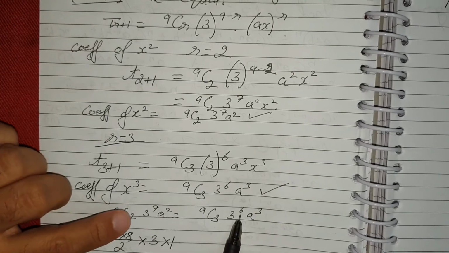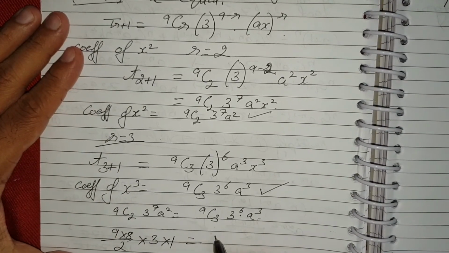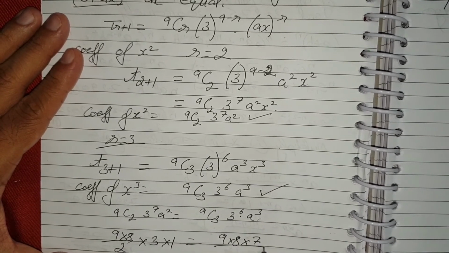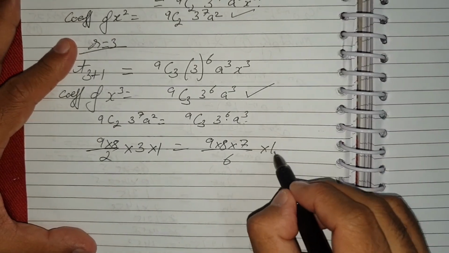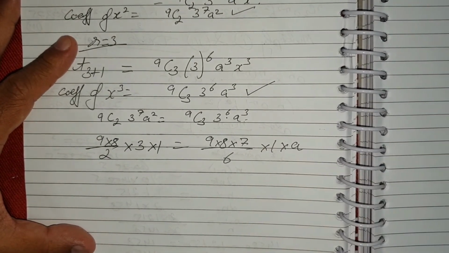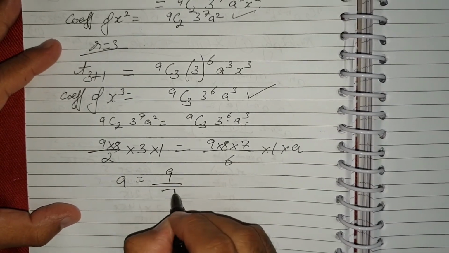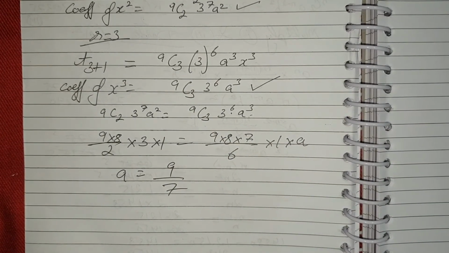Why? Because 3 to the power 6 and 3 to the power 7, they will cancel. This is a cube. To bring it over here, this will be 9 into 8 into 7 by 6 into 1 into 8. So now when you solve this, you get a equals 9 by 7. You just have to solve this equation. Okay.